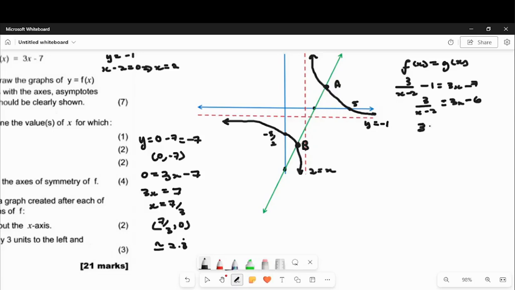So we have 3 this side, and then 3x minus 6 into x minus 2. So we'll have 3x squared, then 3x times minus 2 is minus 6x, and then another minus 6x, so I'll have minus 12x. And then negative 6 times a negative 2, that's a positive 12.